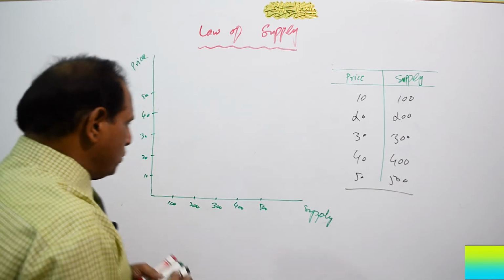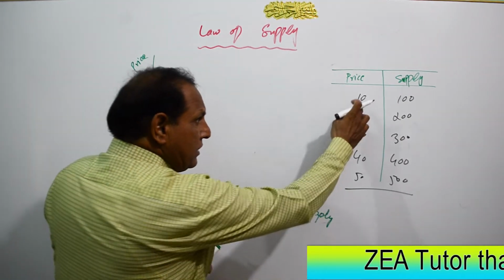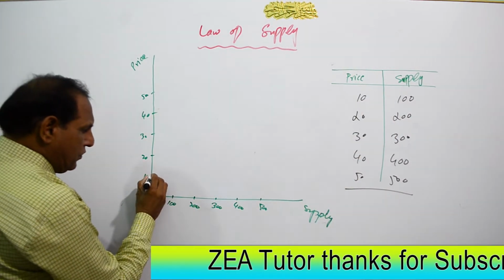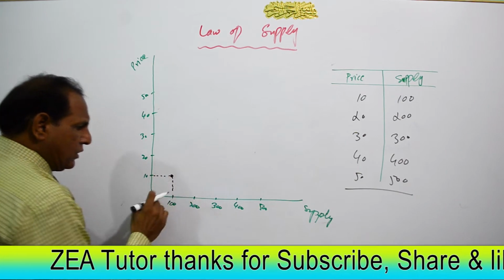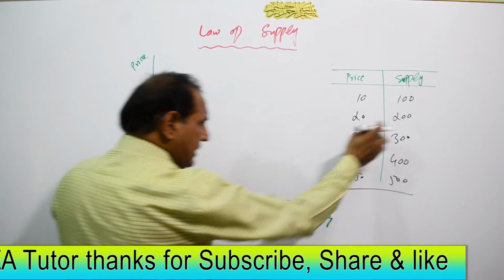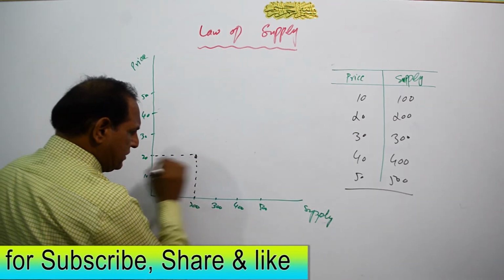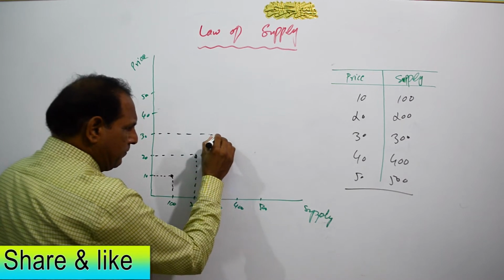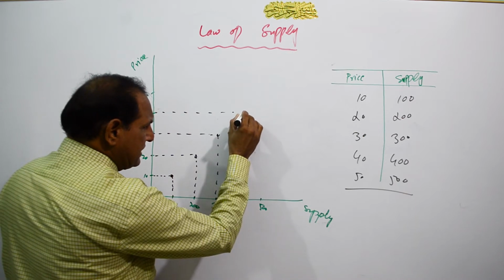Let's draw the chart, the diagram. At 10, it will be 100 supply. From here we will take 10, and from here we will take 100. From price we will take 20, and here this is another point. At 30, supply is 300, and at 40 rupees, supply reaches this.